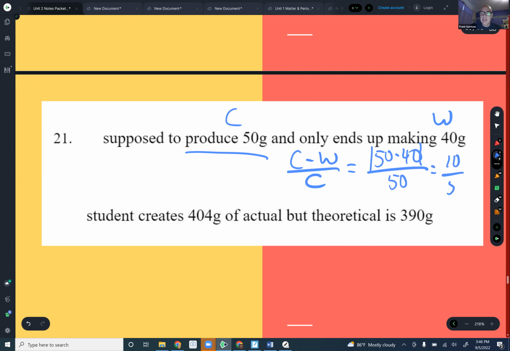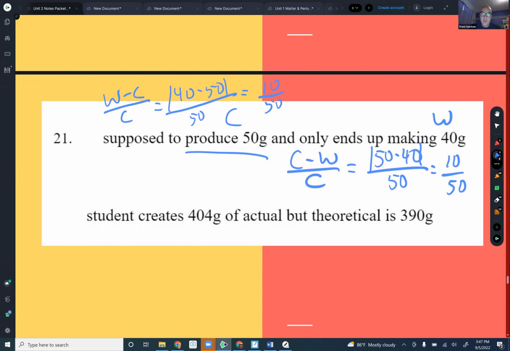That is 10 divided by 50. If I do wrong minus correct over correct, it's 40 minus 50, absolute value, divided by 50, which is also 10 over 50. It does not matter. What you end up with in both cases is 0.2. You multiply it by 100% to turn that into 20% error.